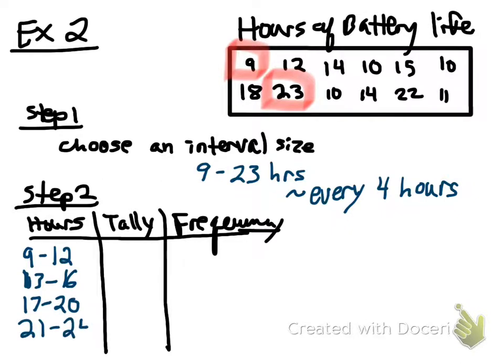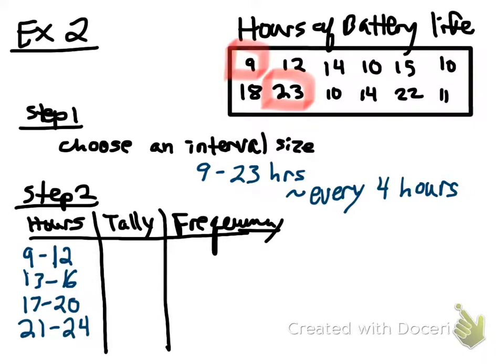That goes one number above what our data set is, but it doesn't overlap with any of the other intervals, so that's fine. That way all of our data is represented in these different intervals.